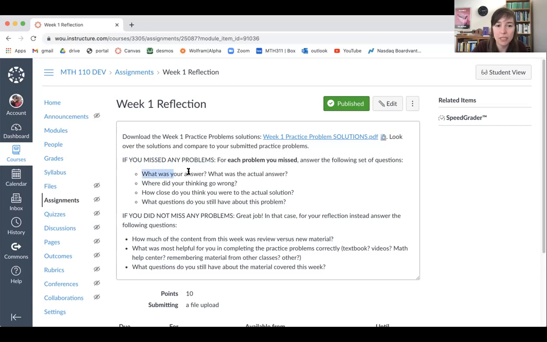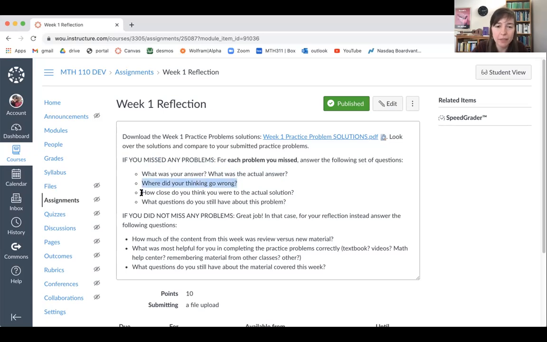First, say what your answer was and what the actual answer was, so that you and I, when I'm reading these, can compare. Where did you end up, and where were you supposed to end up? Then this is your chance to look at the solutions, which are usually very detailed, and say, where did your thinking go wrong? Where did you mess up?